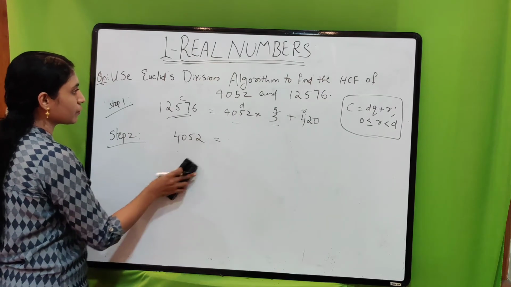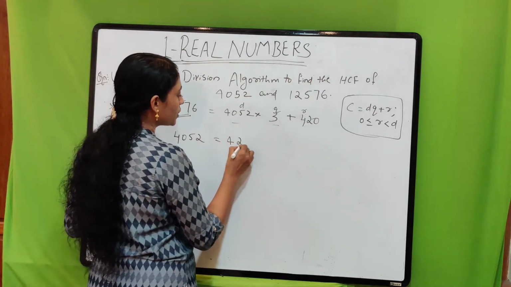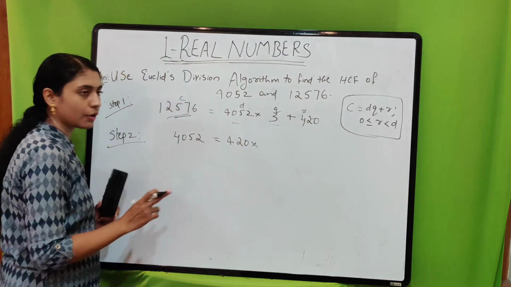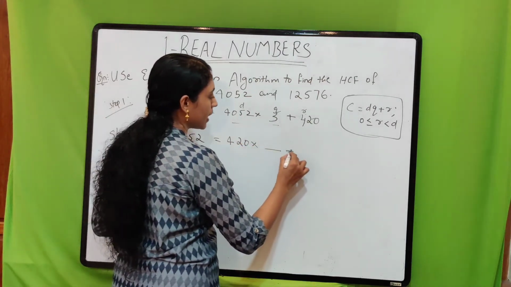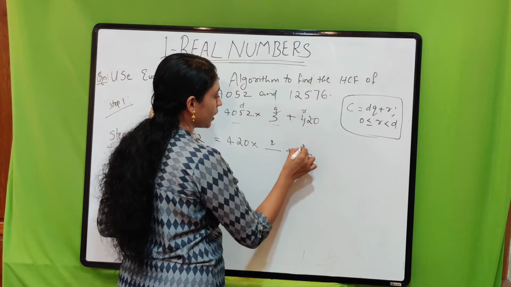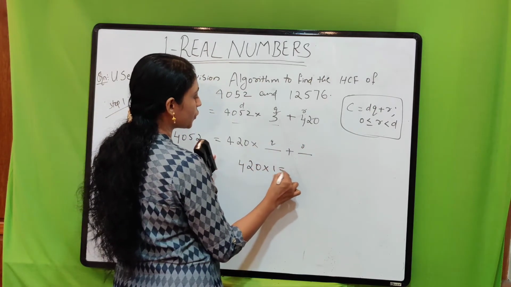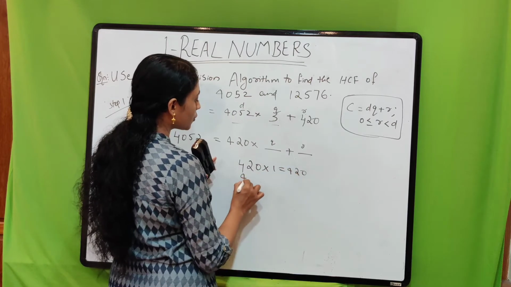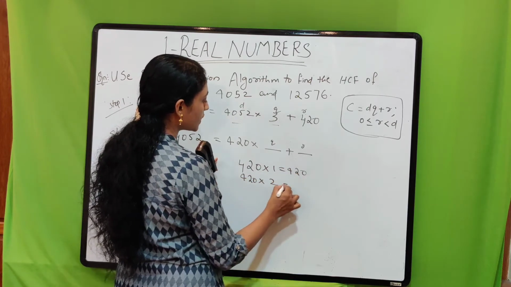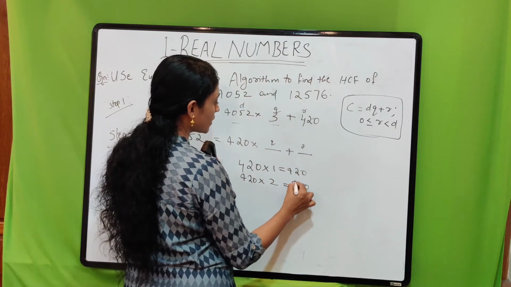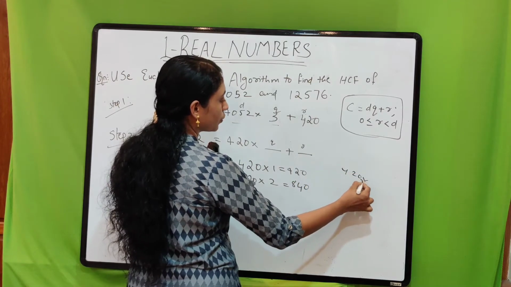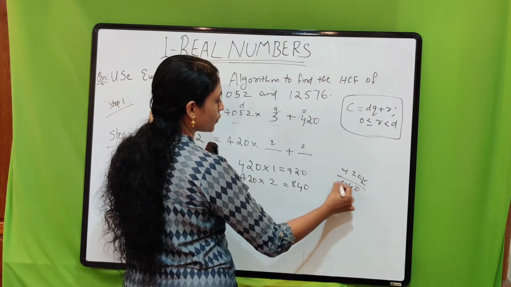Now 4052 is equal to 420 into, we have to find Q and R. Dash plus dash. Again doing the same step, 420 into 1 is 420. 420 into 2 is 840, right? How we got that? 420 into 2, 2 2s are 4, 4 2s are 8.